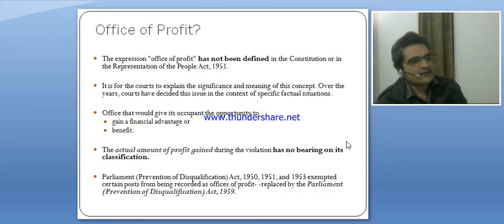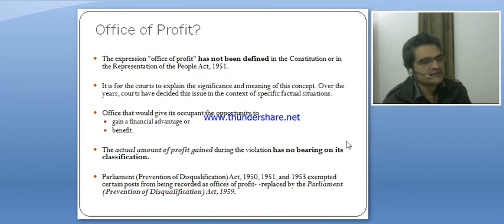Now, for any office to become an office of profit, the person who is occupying the post should be capable of getting financial advantage or benefit.